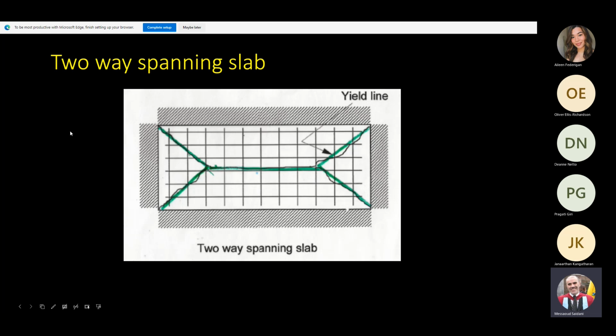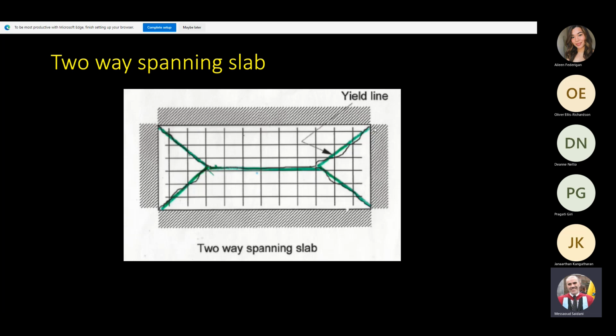Let's look at this example here. Pay attention, please. This slab is divided into four regions by the yield lines. Do you agree? We have this region here, which is identical to this region, and we have this region on the left, identical to this region. Do you agree that the top region, this region here, rotates about this axis?